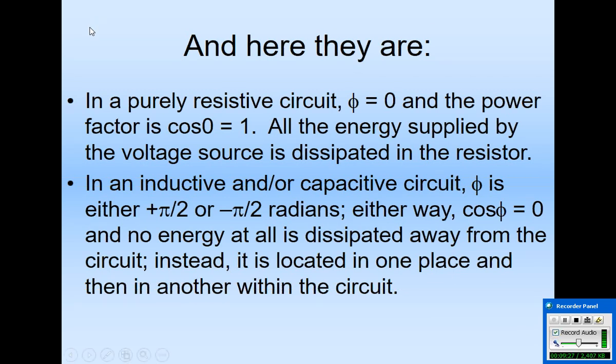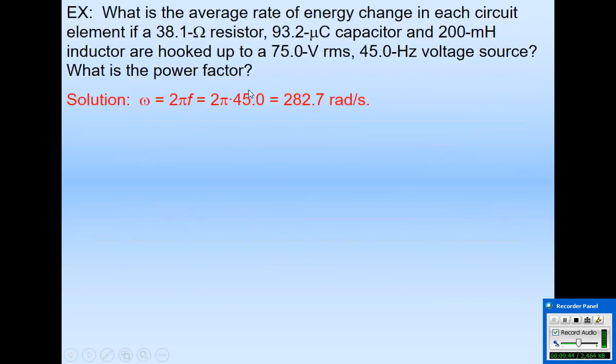This is also a theoretical extreme because it basically says that there's no resistance, and all wires have a little bit of resistance. So we might make the resistance very small, but we're never going to make it identically 0. But these represent extremes.